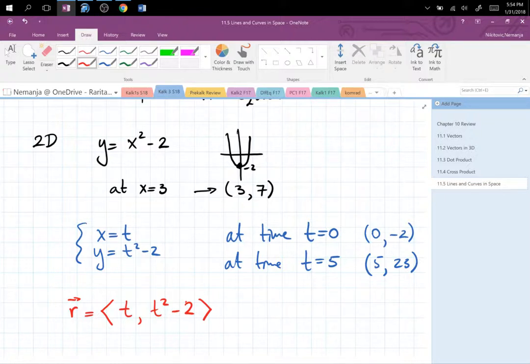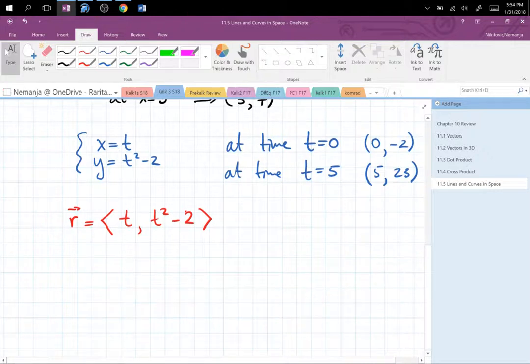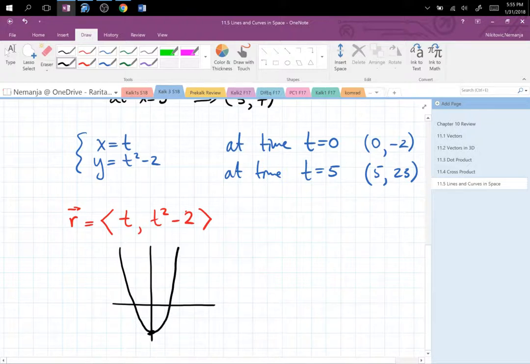So what would that look like? If I am to graph this and then try to see what this vector actually does, let's first draw the parabola. And we have our origin 0, 0. And I'm just going to place a few of these points along the line.